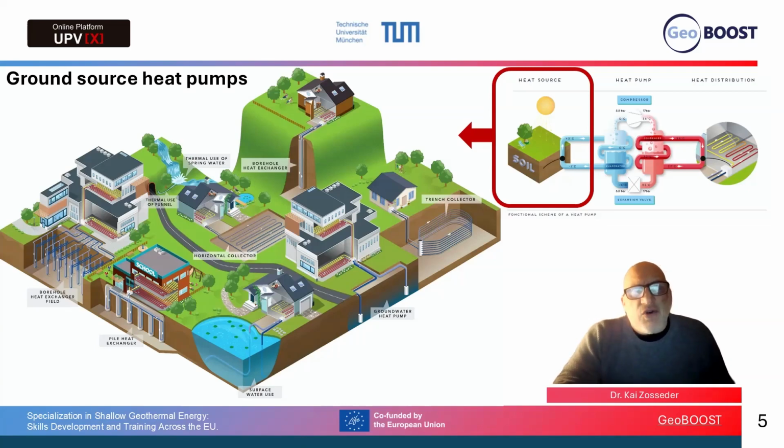For larger buildings we can also have borehole heat exchanger fields, so connected borehole heat exchangers. And we can also use some geostructures like pile heat exchangers or tunnel systems. And we can also have some open loop systems like groundwater heat pumps, for example, or springs.